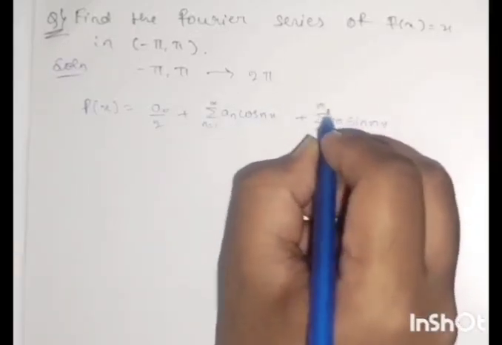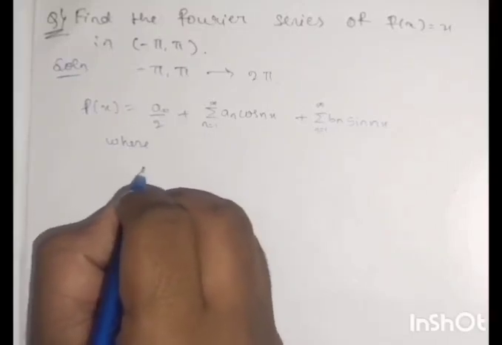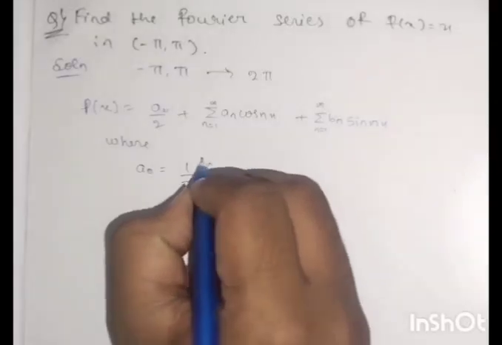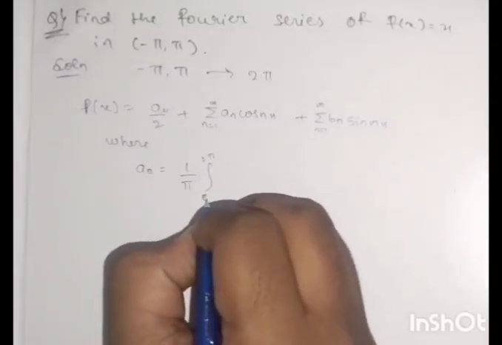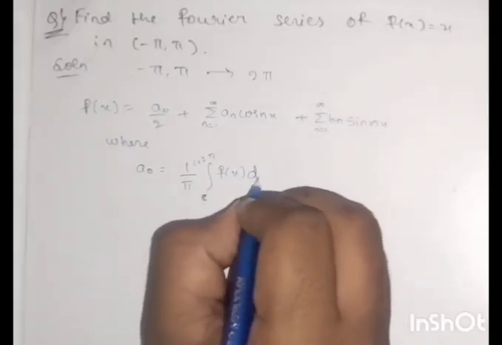Similarly here also, where a0 equals 1 by pi integral from c to c plus 2 pi of f of x dx.